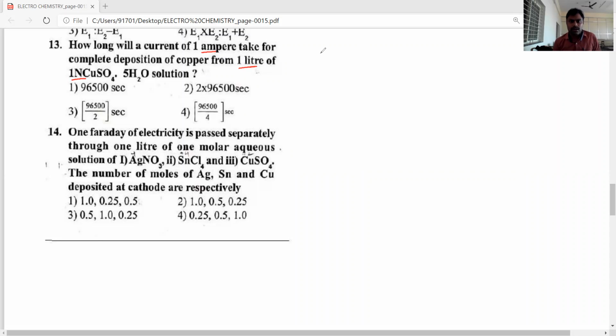Then normality equals molarity into n factor. In this case, molarity equals normality by n factor.